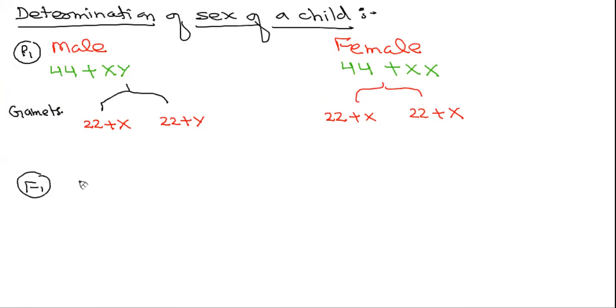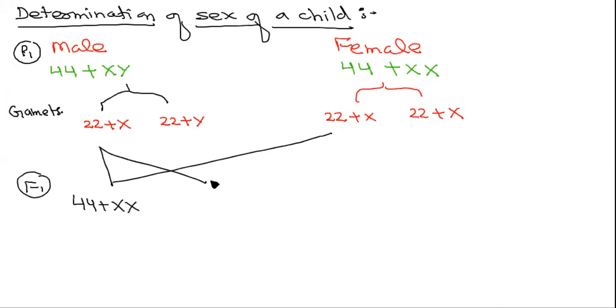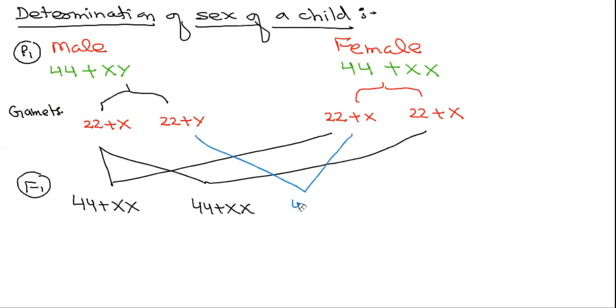So F1 or progeny will be 44 plus XX, 44 plus XX, 44 plus XY and 44 plus XY.